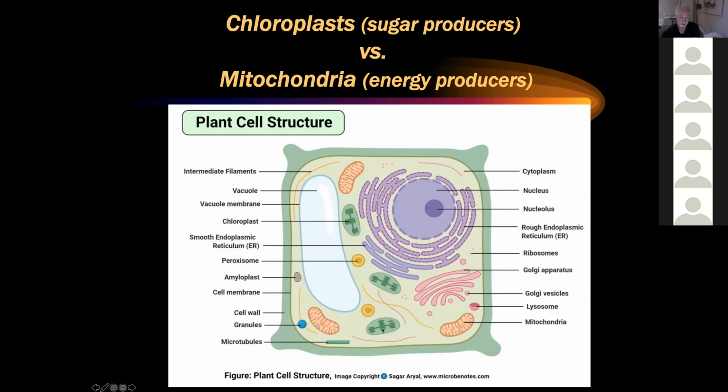Well, animal cells don't have chloroplasts, but they do have mitochondria. And by the way, plant cells also have mitochondria, so don't forget that. Plant cells respire just like animal cells do, plus they have chloroplasts. Animal cells have only mitochondria and only respiration.